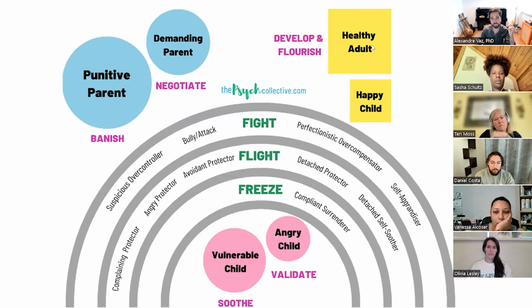All of this is helping develop the healthy adult mode, which is the part of us that helps us meet our needs in an adult manner, and what you may call the happy child mode. And it's funny because when you start looking at psychological functioning in this way, you can track your own modes as they happen in the here and now.